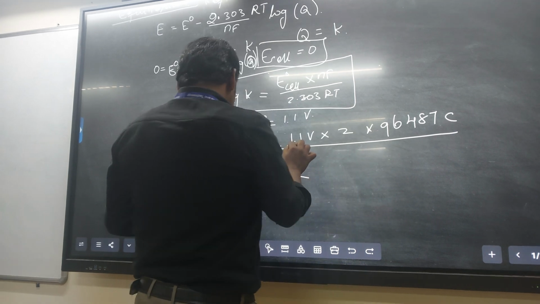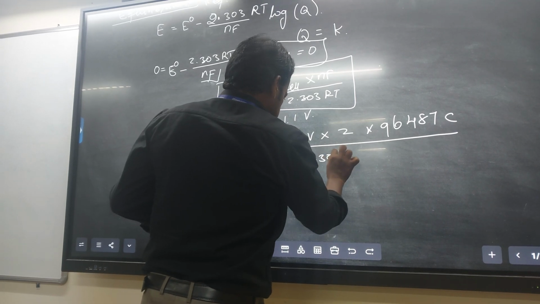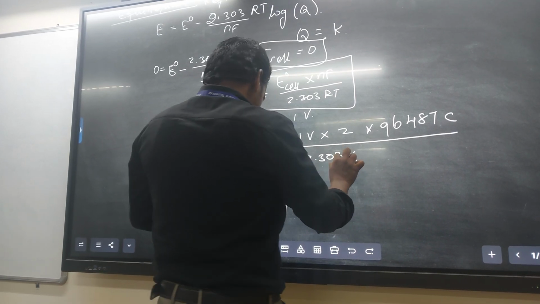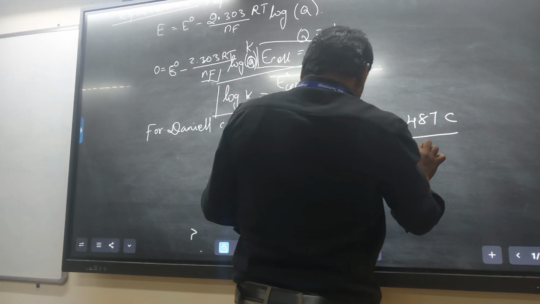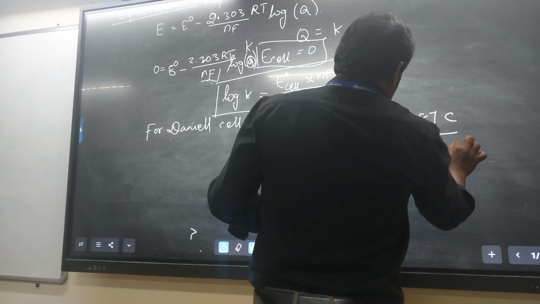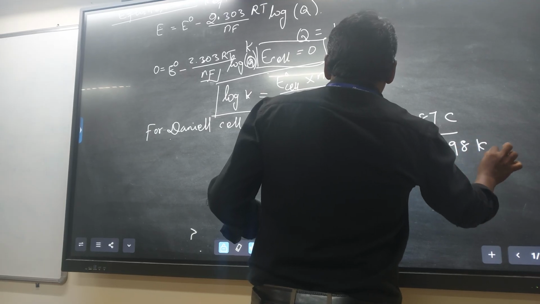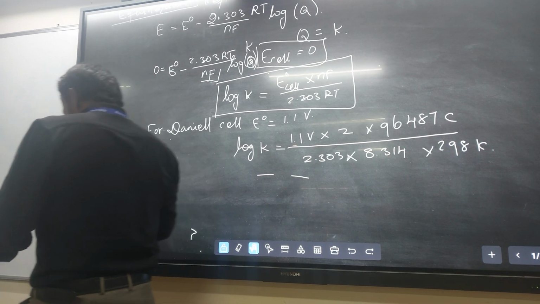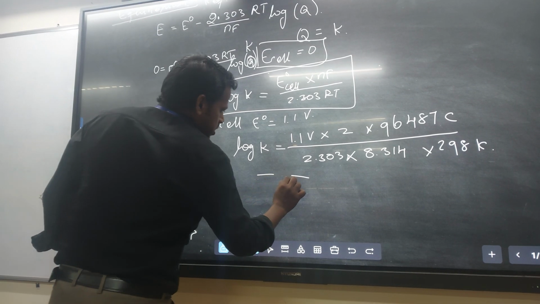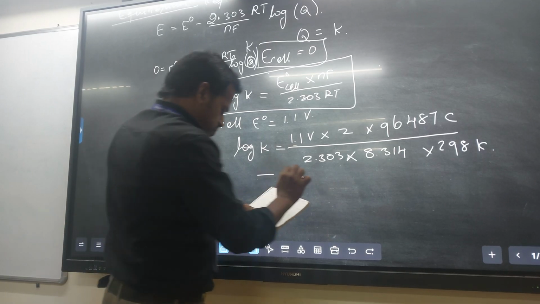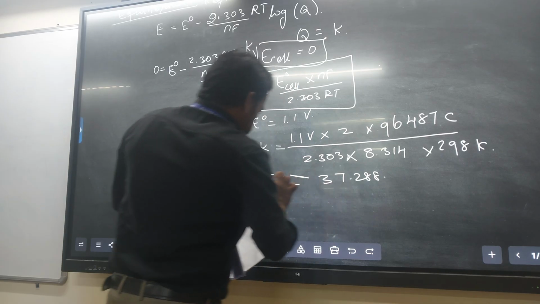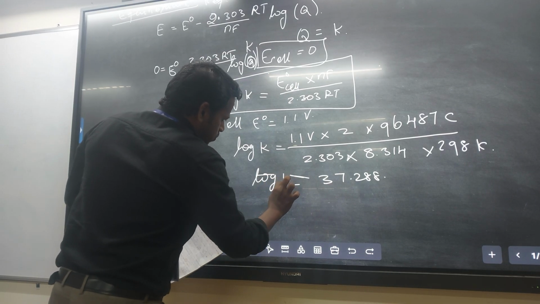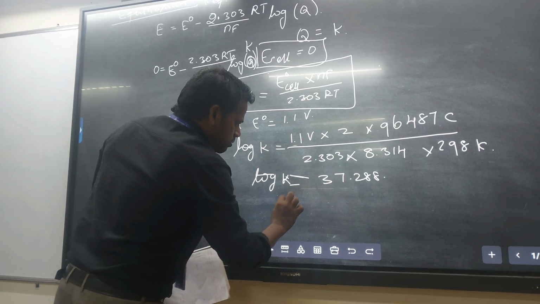Divide by the 2.303 already there, and R is the gas constant 8.314, and 298 Kelvin. If you simplify, we get approximately 37.1288. This is log K. If you want K, take the antilog of this.